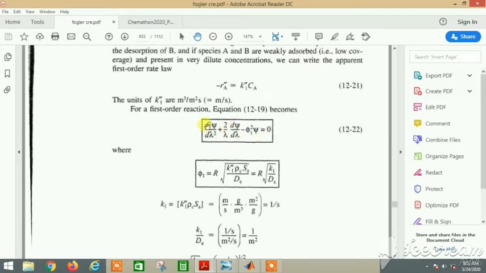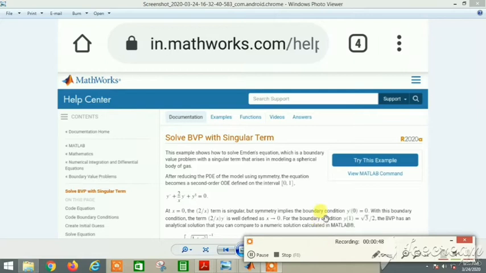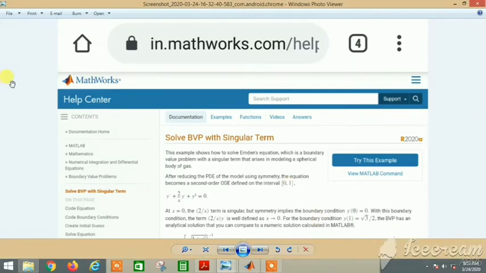As you can see, when lambda is 0, this d square psi by d lambda square would become infinite, and it's really difficult to find this term because 1 by 0 is infinite. That could create a problem in numerical methods, because in numerical methods we cannot handle infinity. So we need to define it with a matrix S.